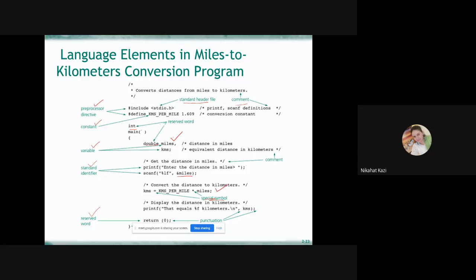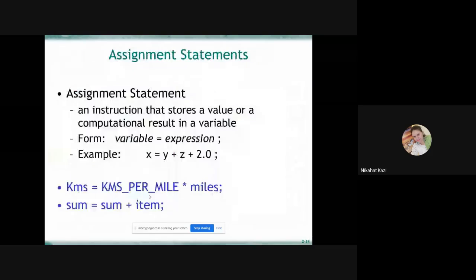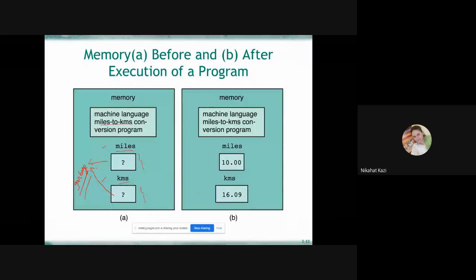You're computing kilometers. As a result of this assignment, kilometers is equal to this formula, and this formula will give some value. That value will be saved inside kilometers. The converted value that we have is 16.09. That is what happens after the execution of the program.